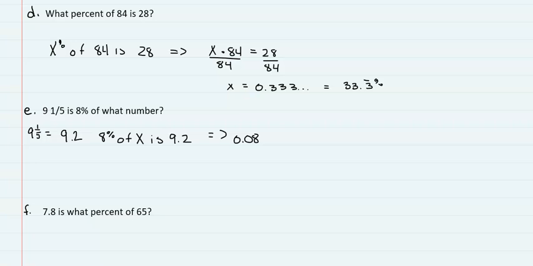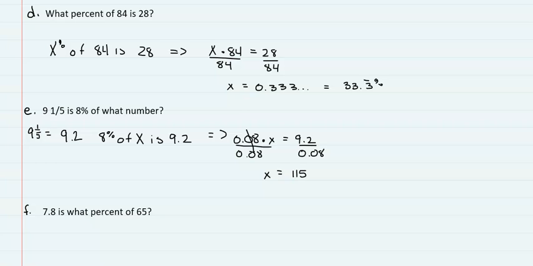So 0.08 of X means 0.08 times X is 9.2. Now we're going to solve for X by dividing both sides by 0.08. And we get X equals 9.2 divided by 0.08, which is 115.